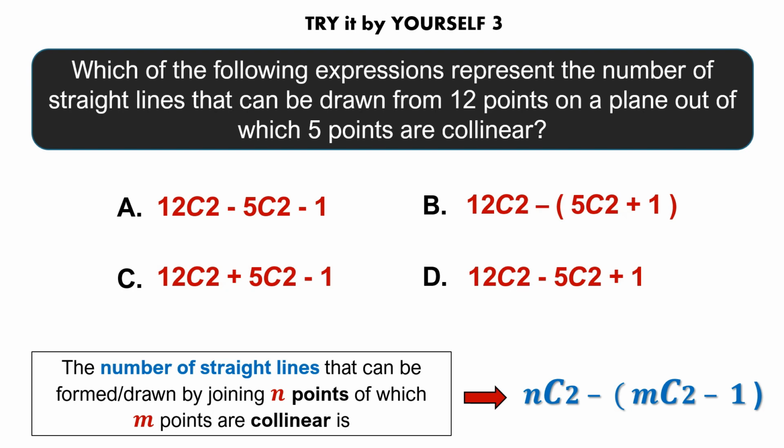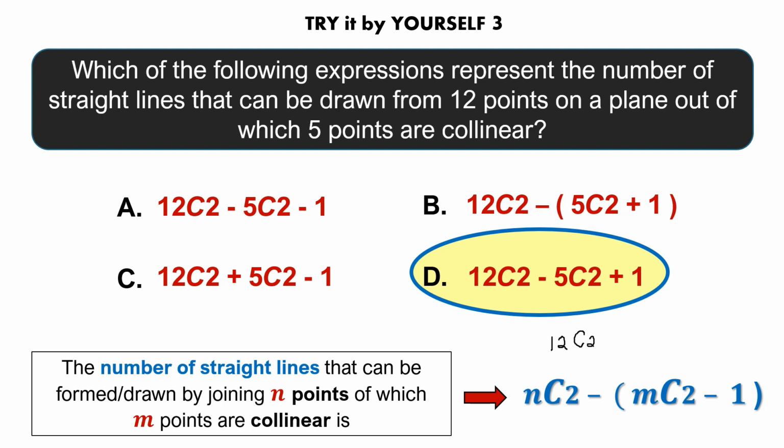And the answer is letter D, and you are correct. Bakit letter D? Because when you perform this expression, this will be the simplified answer. And this will give us 57 straight lines.